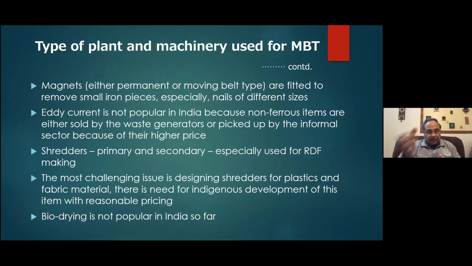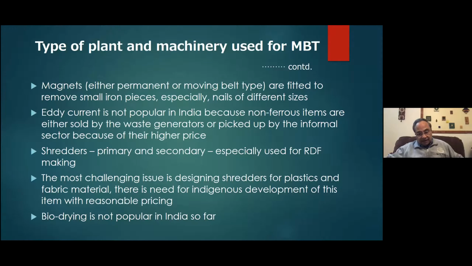So, magnets we have already discussed. Eddy current is not popular in India because most of the non-ferrous items, being more expensive, are taken out by the informal sector long before the materials reach a processing facility. Now, shredders are a big issue. Shredders, both primary and secondary, are especially used for RDF making.